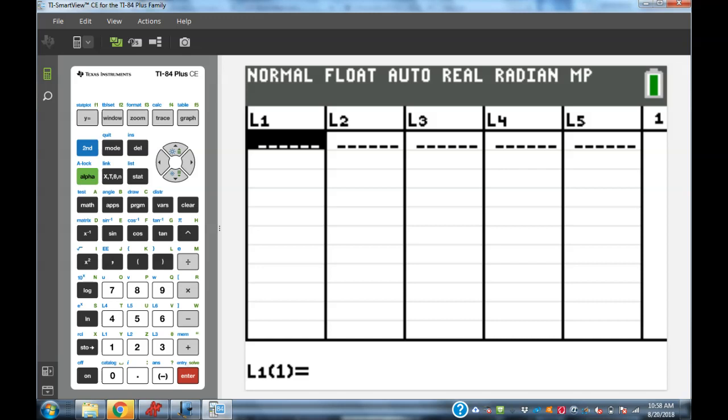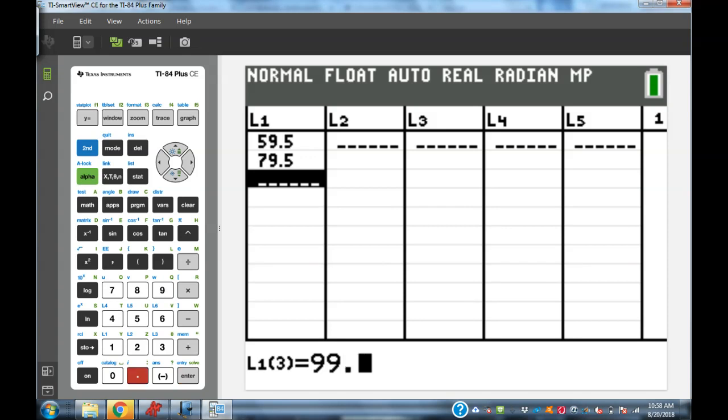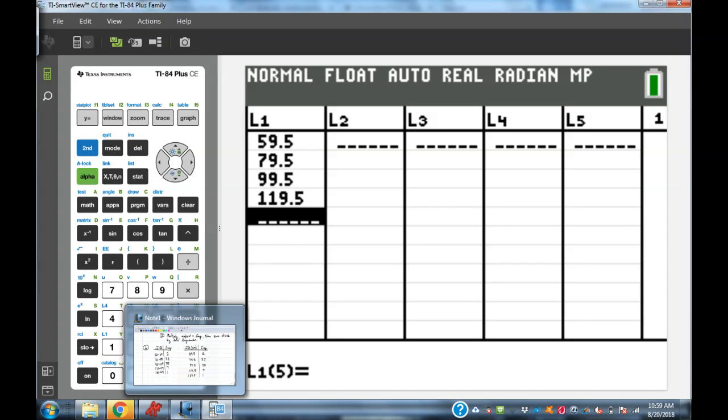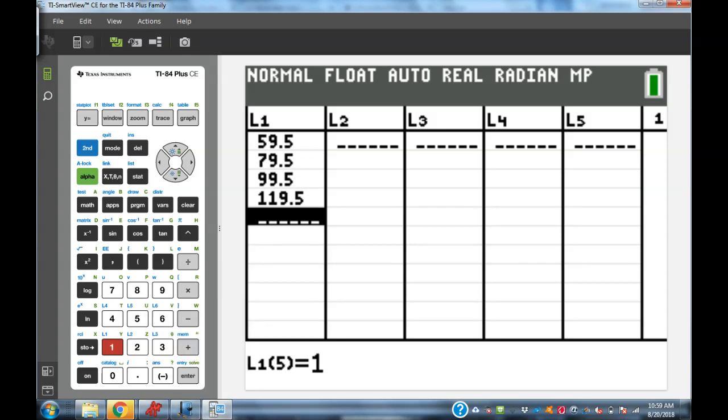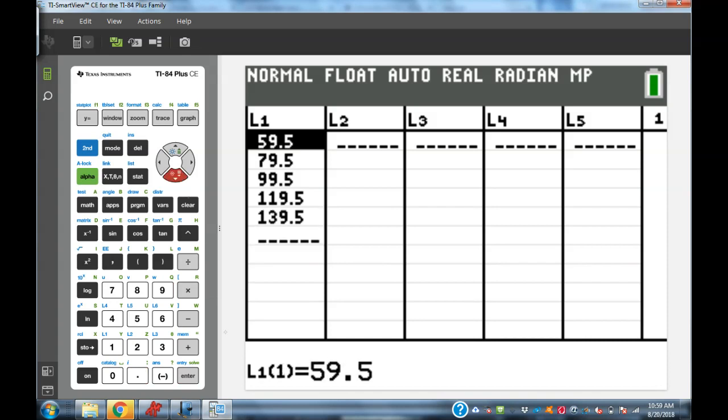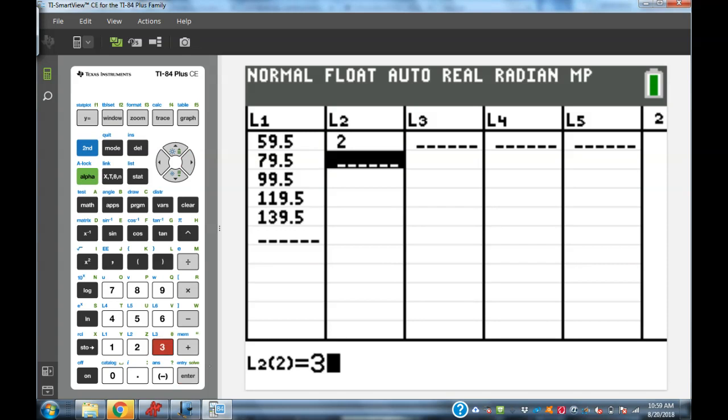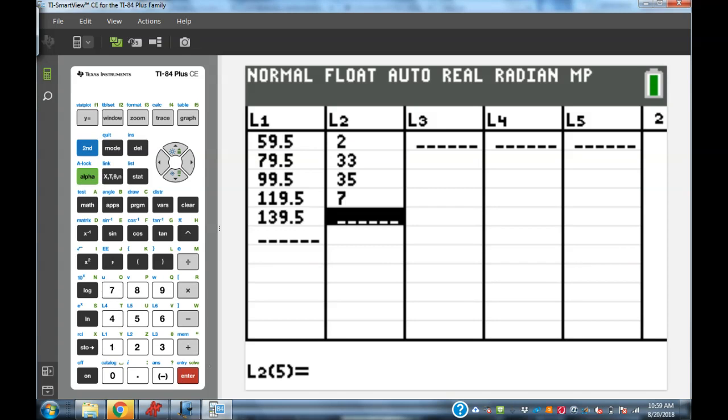So 59.5, 79.5, 99.5, 119.5, 139.5. Then I'm going to go over to list 2, and there I'm going to put my frequencies. 2, 33, 35, 7, and 1.